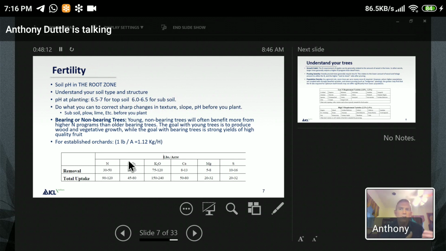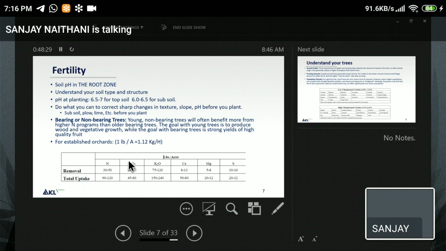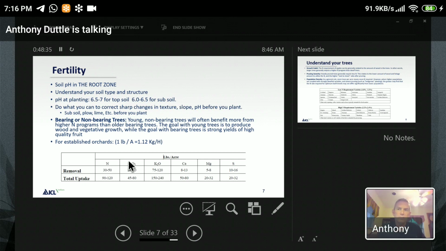Because with nitrogen in the early spring, the trees are going to tell you how they want to respond, and it's going to vary with the variety that you have, because some varieties tend to be much more responsive to nitrogen than others. And again, I don't know which specific varieties you're dealing with, but the main things that you want to run through your fertigation system are going to be things like potassium and nitrogen.